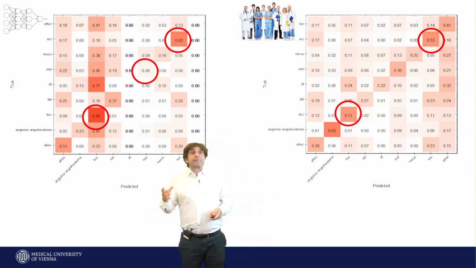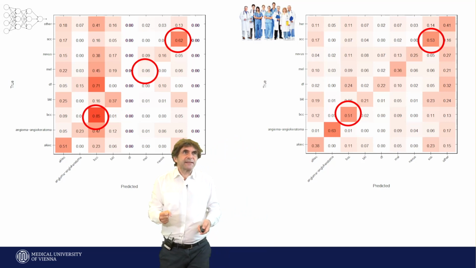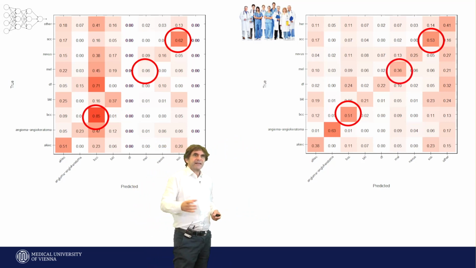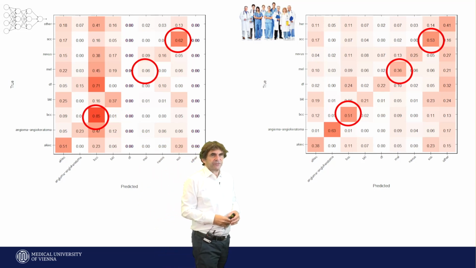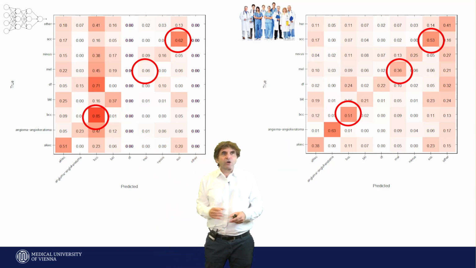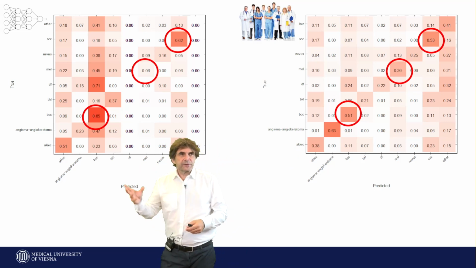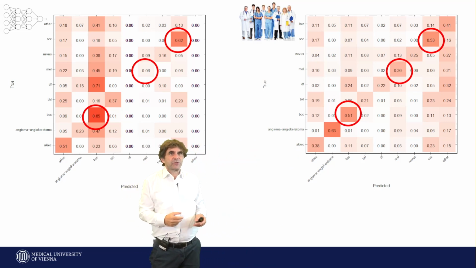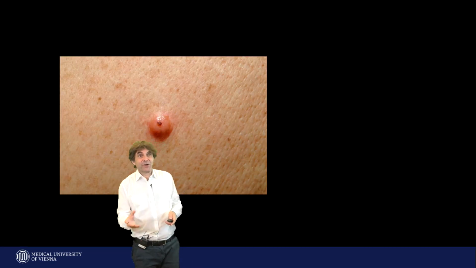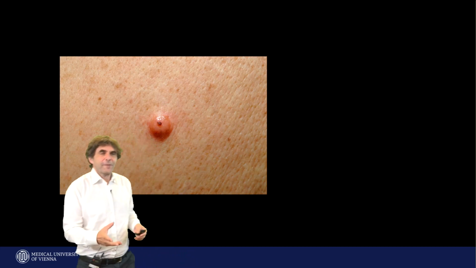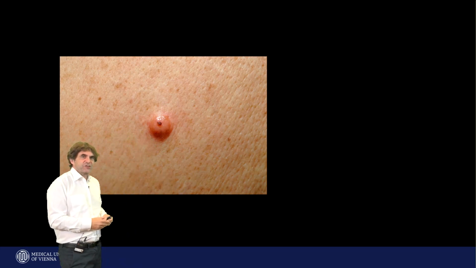But melanoma is usually pigmented, and it's only rarely non-pigmented, and you had only a few cases in your training set, and the dermatologists outperformed the network because dermatologists know how to diagnose non-pigmented melanoma, because they know that it exists, and your network doesn't know that it exists because it was not included or underrepresented in your training set.